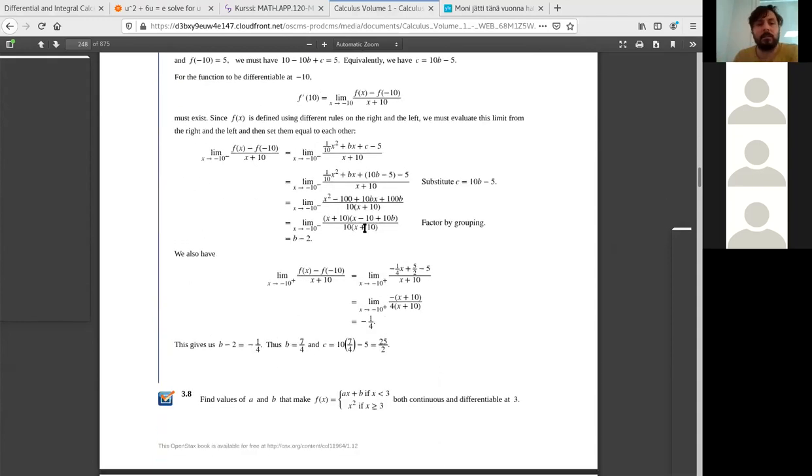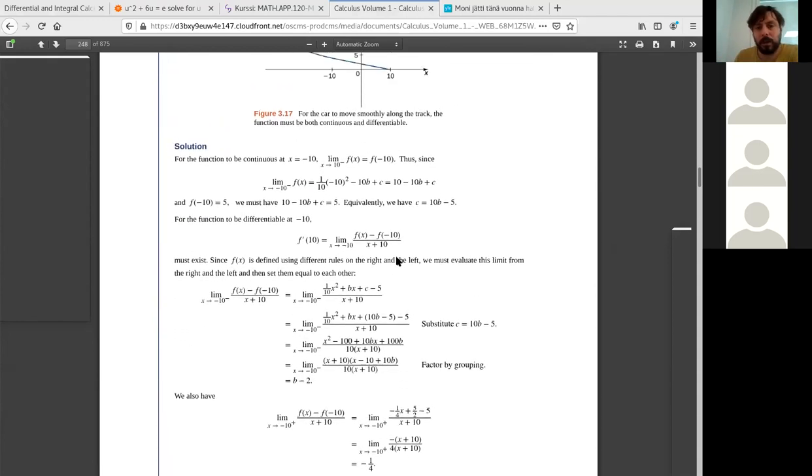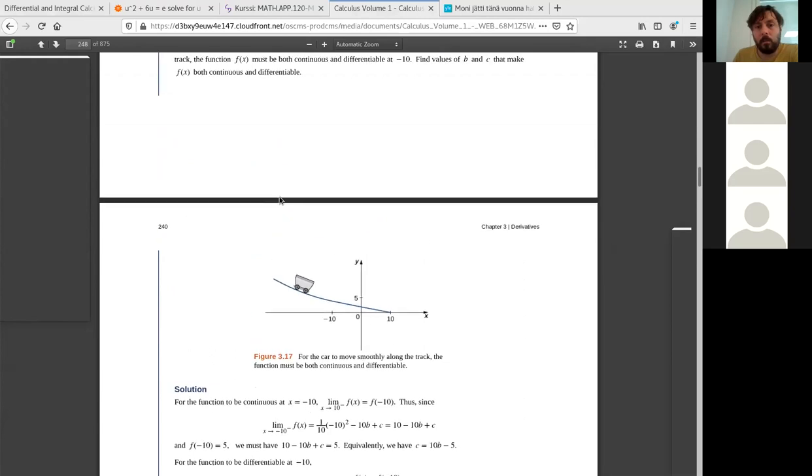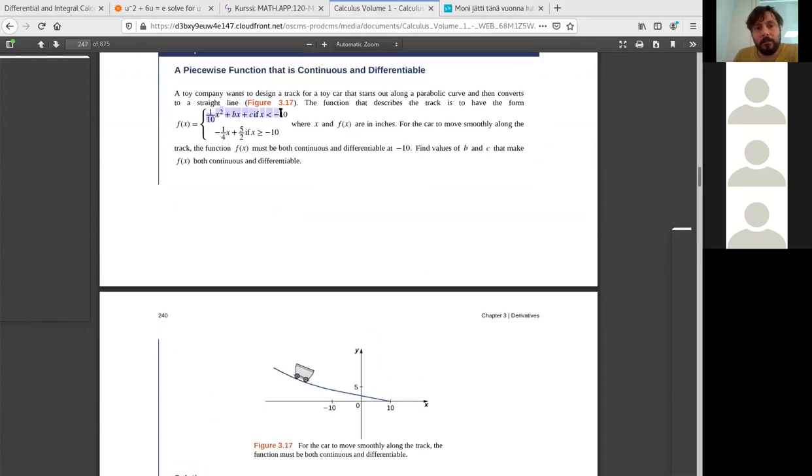I'm not going to spend the time here because it takes a little bit of time, but you should be aware that there's one function in one piece and another function in another piece, and you need to find these constants in such a way that f of x gets the same value at -10.